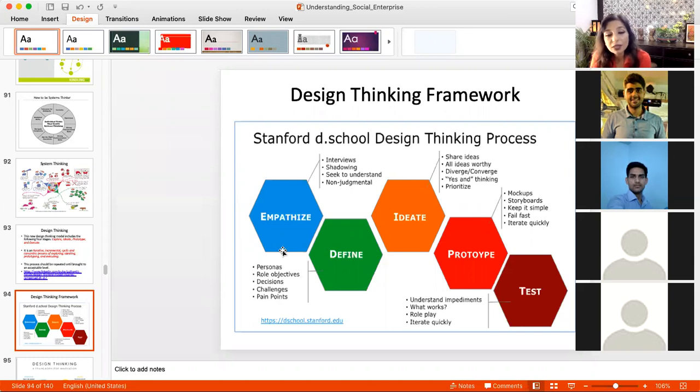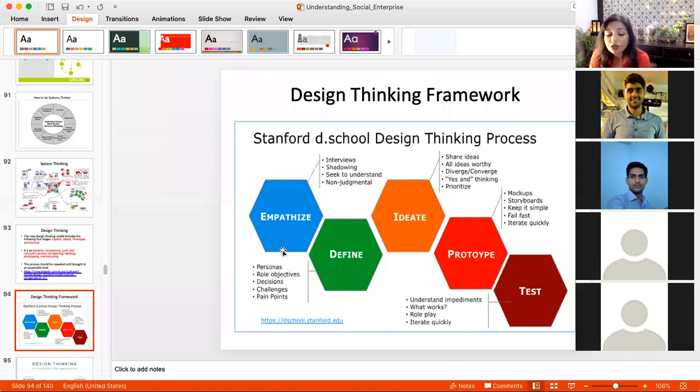Pain points is something similar to what I have said in the case of empathy. And then the third step is to ideate. Once you have soaked in the emotions of the person or of an issue, the next step is to define.